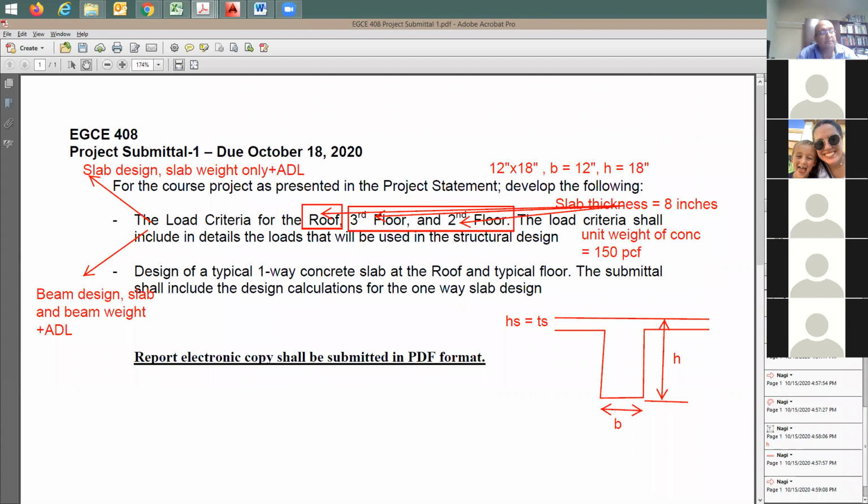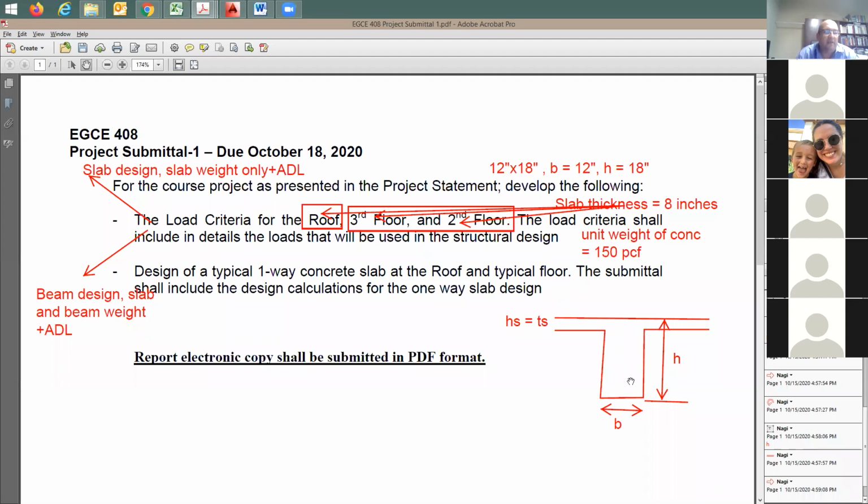Professor, for the depths of the beam, do we choose the depths ourselves? I give you some numbers here to start with, and they should be good for your analysis. For the slab, it's going to be 8. But we do not know the depths, the concrete cover. Oh, when it comes to the actual depth, you mean d? Yes.